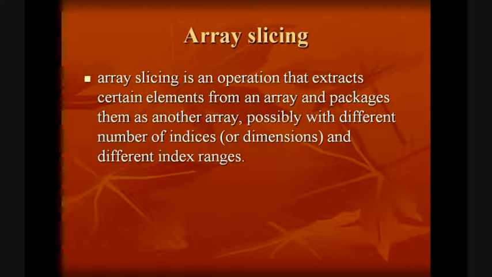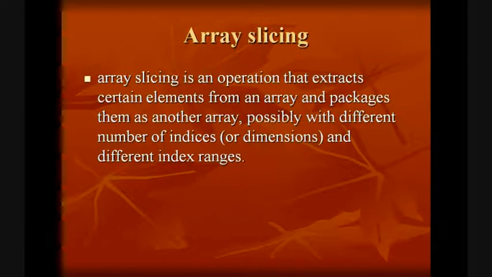Let's move into another array-related term, that is array slicing. Array slicing is the process of extracting a contiguous sequence of elements from one array and forming a new array. In some modern programming languages, there are inbuilt methods to do this.